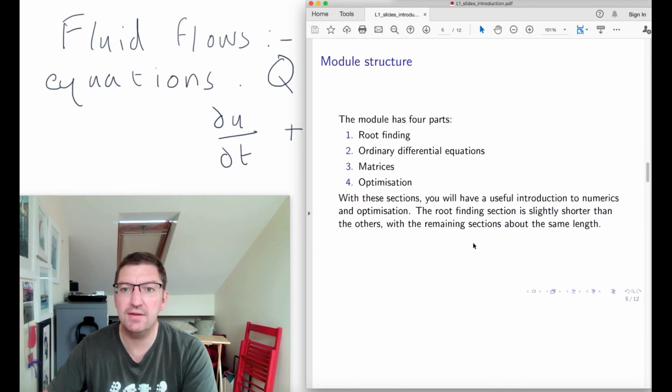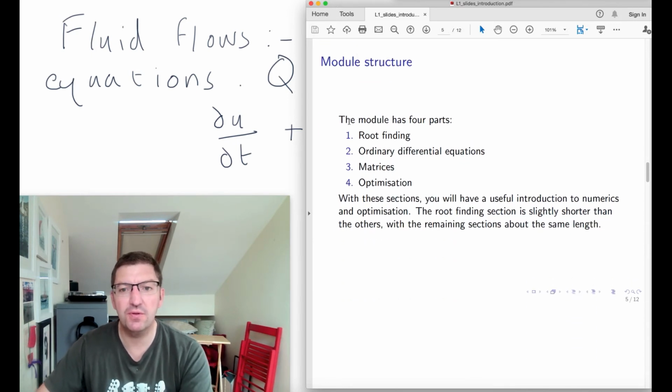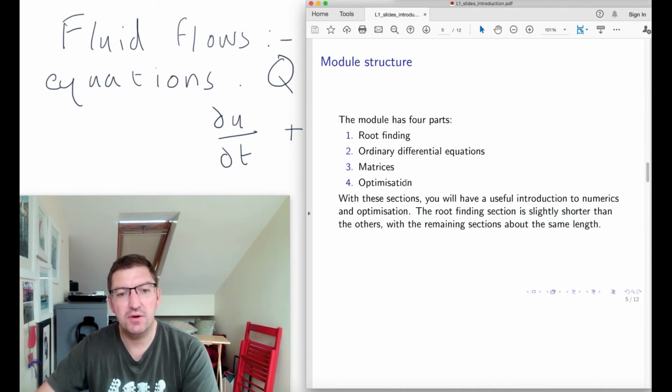So this module has 4 parts, as I've alluded to before. Let's go through what those are. Part 1 is root finding, part 2 ordinary differential equations, part 3 matrices, and part 4 optimization. Now parts 1 and 2 are deliberately designed to be the ones that you've encountered before in some guise.